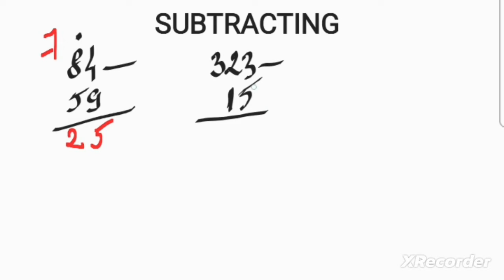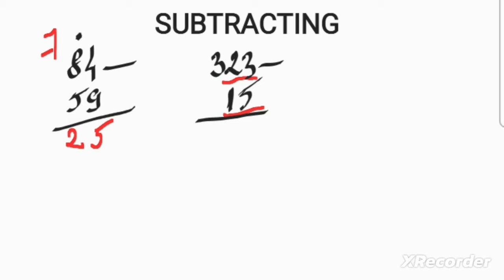In this case, we cannot do 3 minus 5 without borrowing, but in order not to borrow, we can do pairs of numbers.